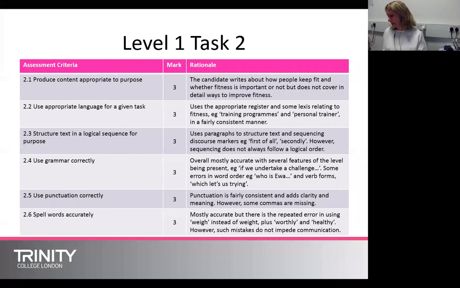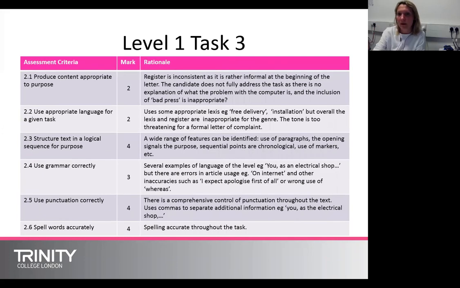So the candidate gets 3 marks in this criterion. Now let's have a look at task 3 for the same candidate. The task 3 was a letter, an email actually, and these are the marks that we awarded.